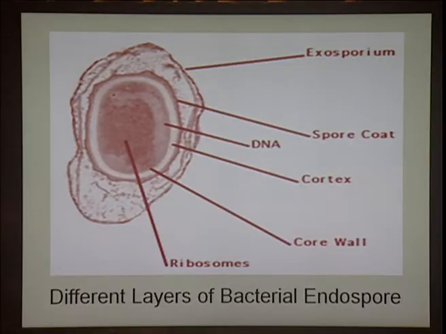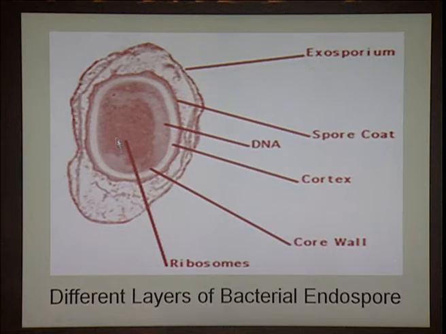Then finally we have the cortex, which is nothing but a peptidoglycan with dipicolinic acid and calcium, and finally we have the core wall which is just bordering the protoplast, and the core wall is formed of small acid soluble protein, SASP, and the innermost region you can see is the genophore or the nucleoid region, and this endospore will also have ribosomes, but the metabolic activity of this structure is very little because it has to survive unfavorable conditions when the bacteria is not getting adequate food or water.